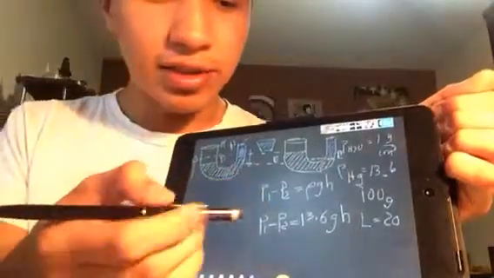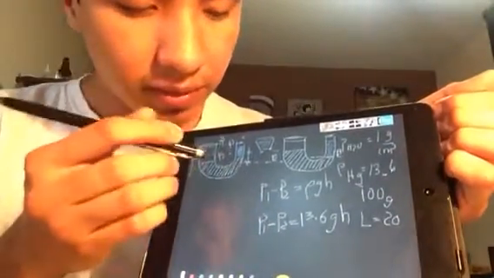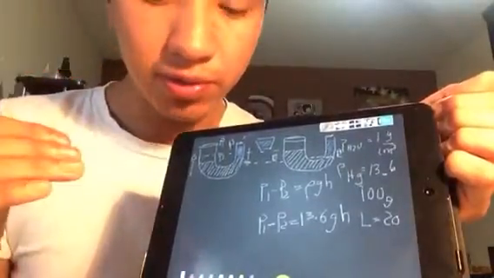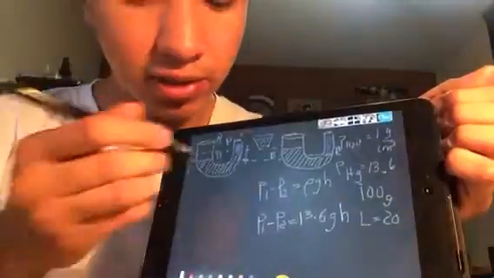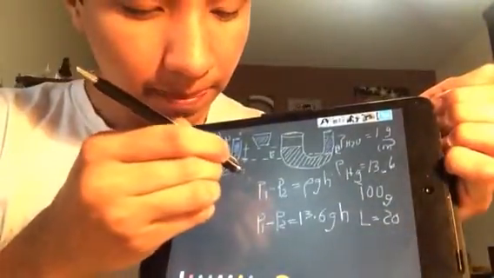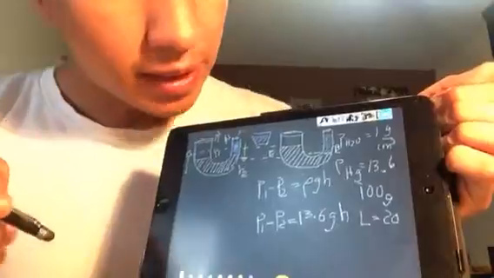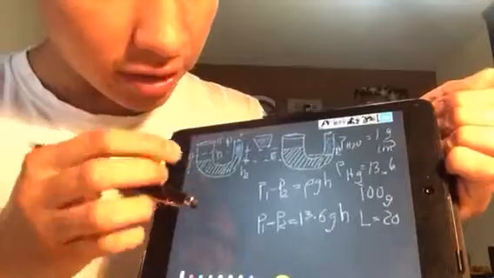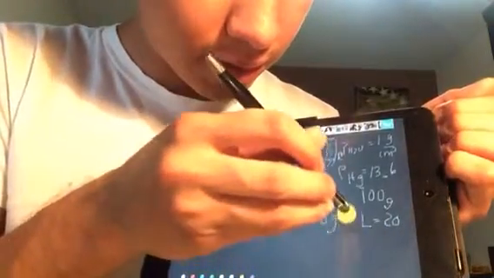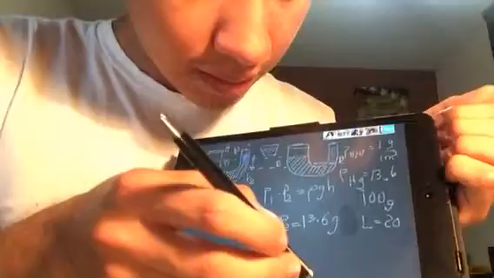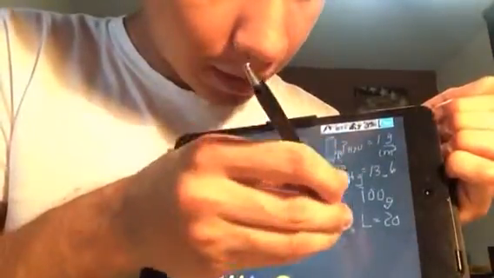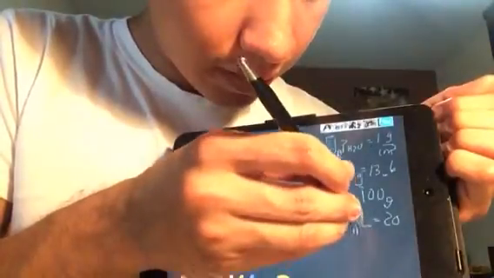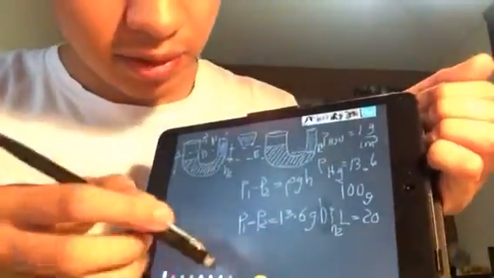But on the other side, the volume that was before occupied by the mercury will go down. So that difference is going to be h2. So this h is actually h plus h2.